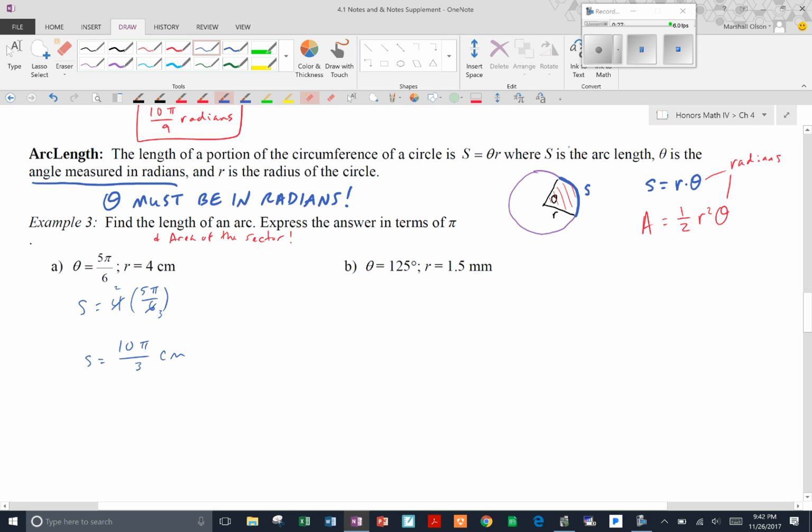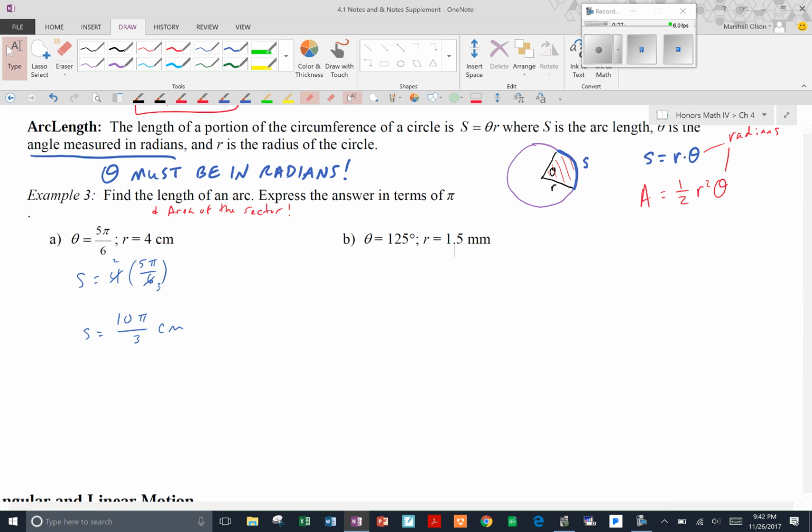So, if we use that diagram right there, if that central angle was 5 pi over 6, and if that radius was 4, then that measure S would be 10 pi over 3 centimeters. The area of that kind of slice of the pie there would be 1/2 times the radius squared times that central angle, 5 pi over 6.